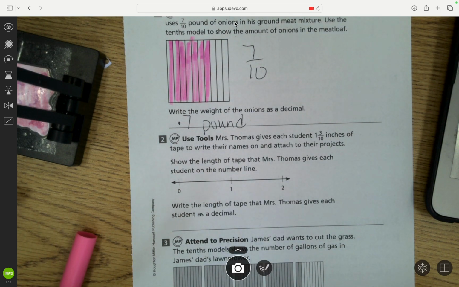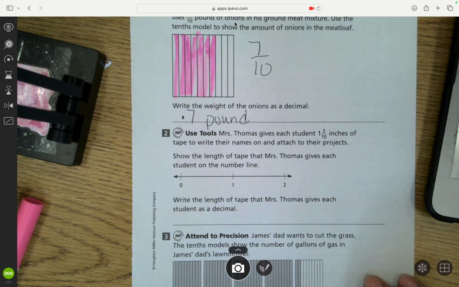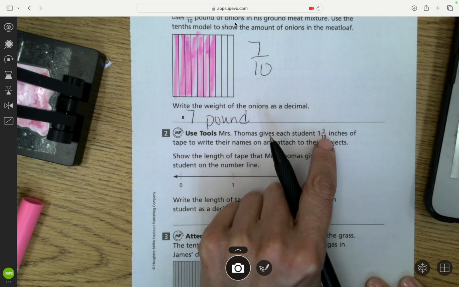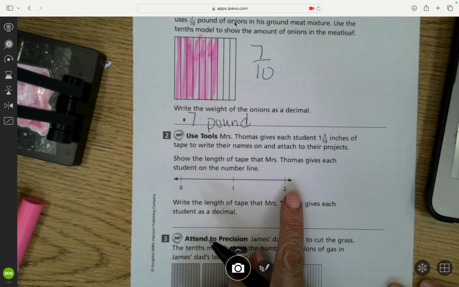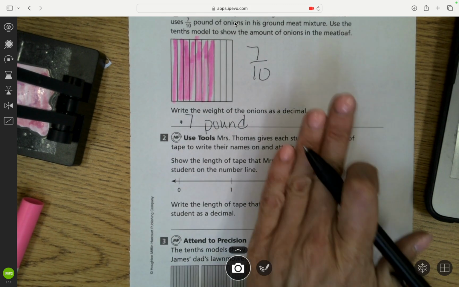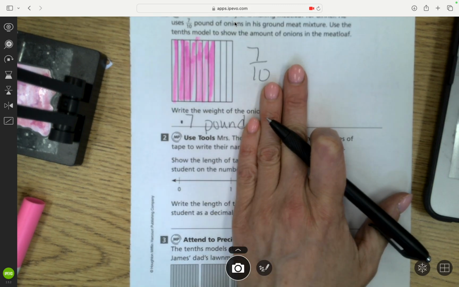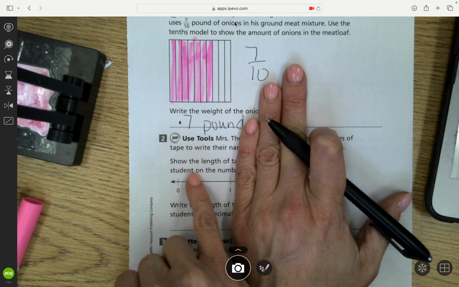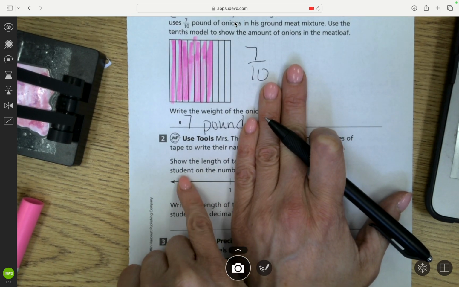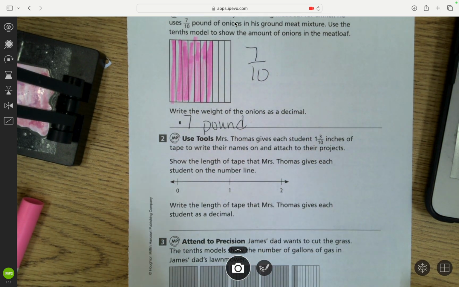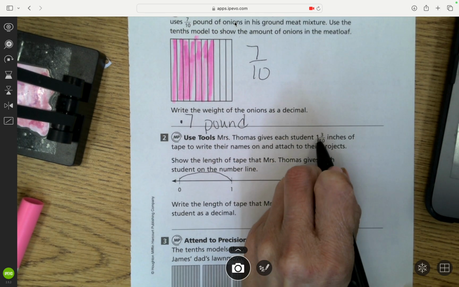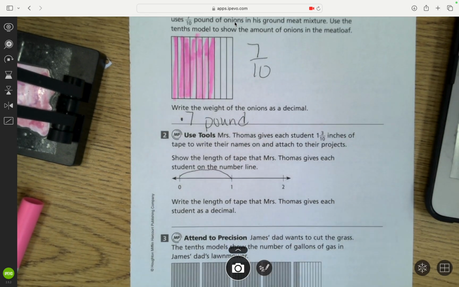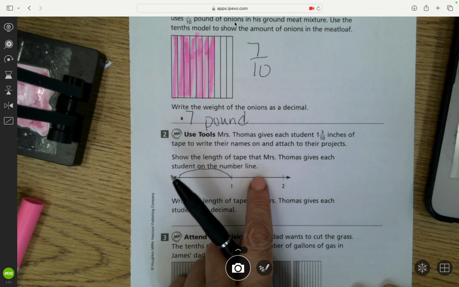Ooh, we have a mixed number. 1 3/10, okay? Normally when we've been looking at number lines, we just go from 0 to 1, right? And when we were creating our fractions, that's part of a whole. But here we have a mixed number. So we have a whole, which goes from the 0 to the 1. So that is our 1. We need 1 3/10. So then we just need 3/10.